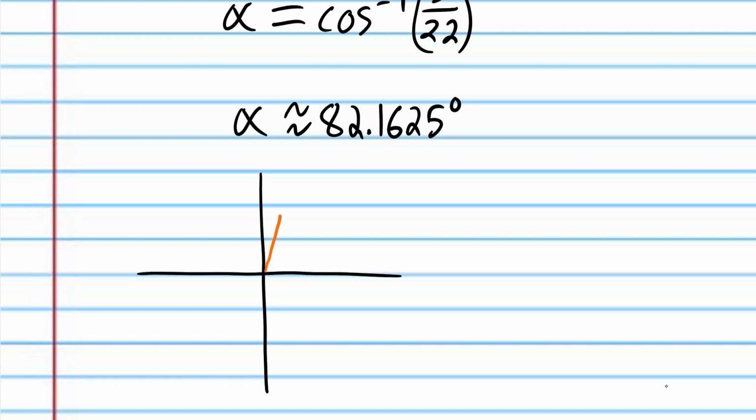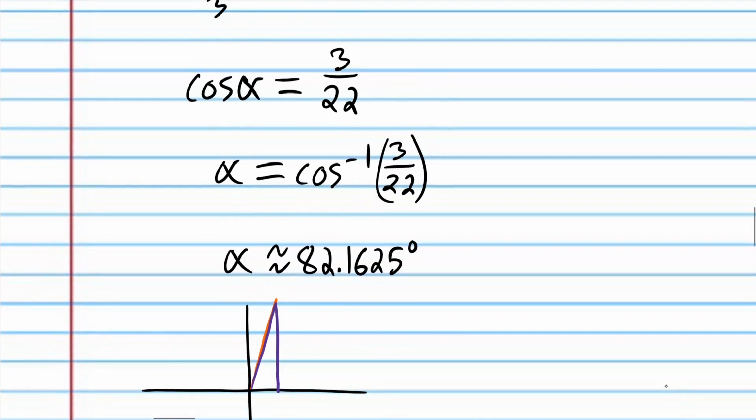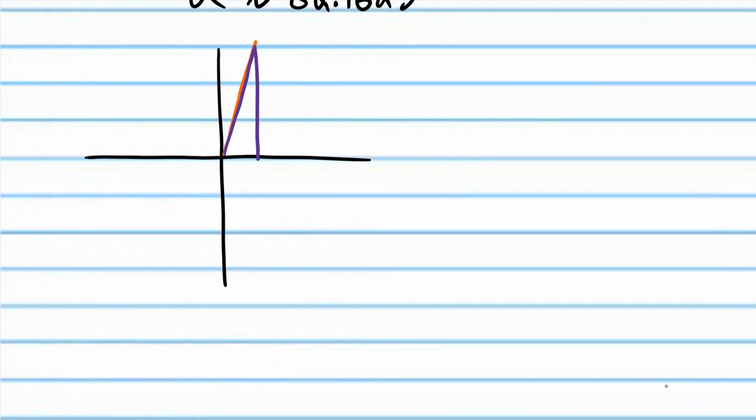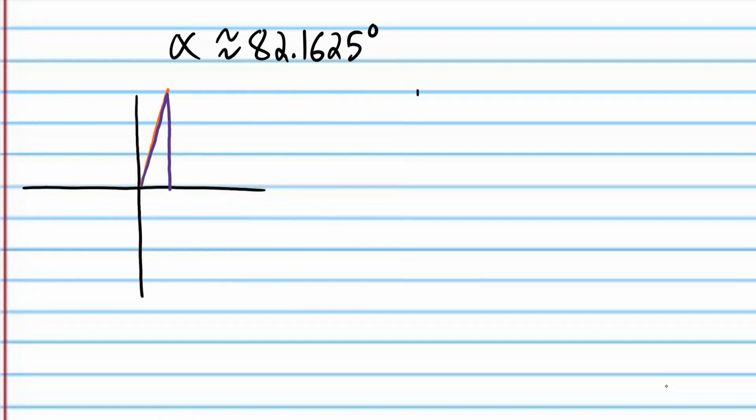So it's better to keep our answers in degree units for now. So we have 82.1625 degrees. We'll say that's about there. And cosine is positive in the first and fourth quadrants. So we have another triangle in the fourth quadrant. Let's put that triangle down there.